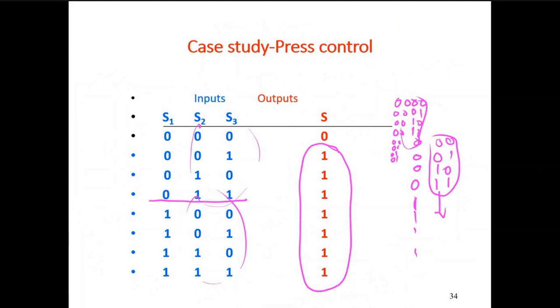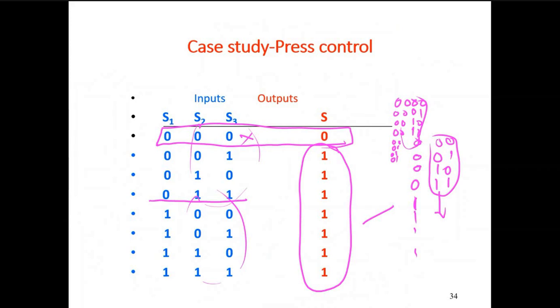S is not true if S1 is not true, or S2 is not true, or S3 is not true, I am considering only the first row. By logic, they both mean the same thing. Either I go here or go here, which is making more sense. Go to the first row and simplify the equation. S is not true. Write a one line equation to represent this truth table.